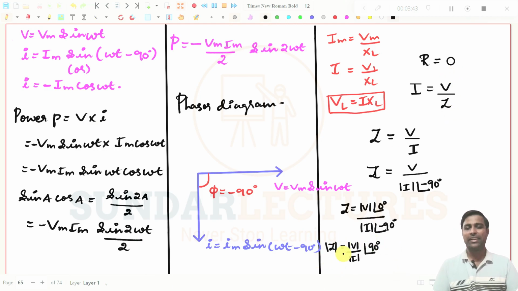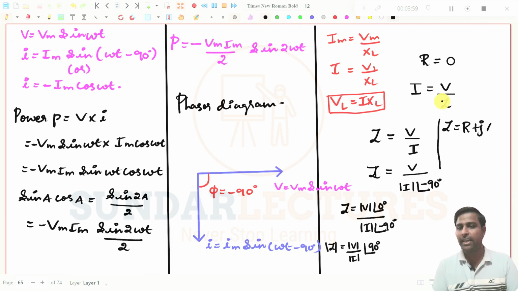To make things simple, Z will be equal to R plus jXL. Why do I need to put plus here? That is the big question. Whether I put plus or minus depends on this angle, which is plus 90 degree, because in the denominator it is minus 90, and if I bring it to the numerator it becomes plus 90 degree. So Z will always have 90 degree.